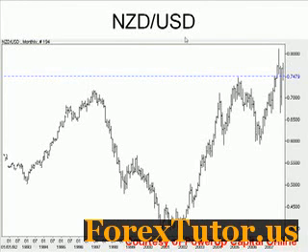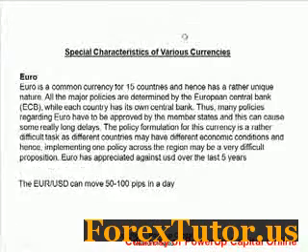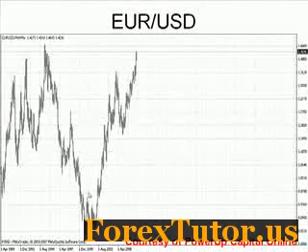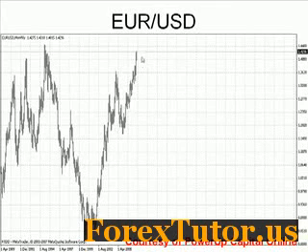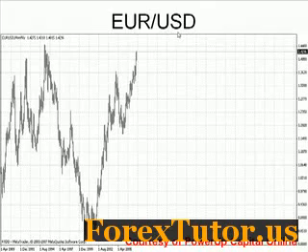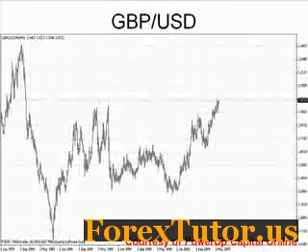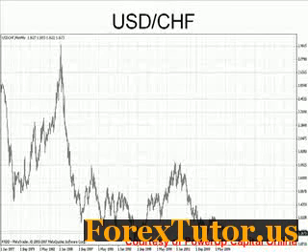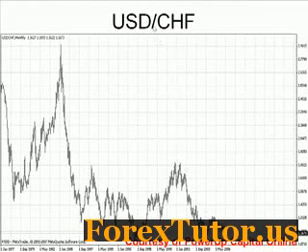That means US dollar is going down. Similarly over here, this chart is going up. It means Euro is going up. US dollar is going down. Again, this is going down. That means US dollar is going down. Swiss franc is going up.